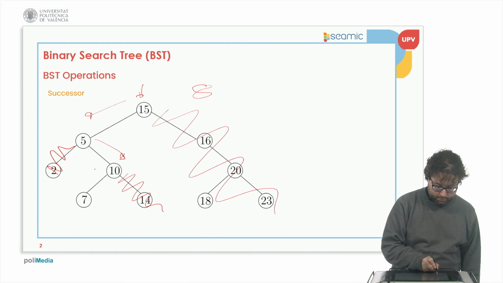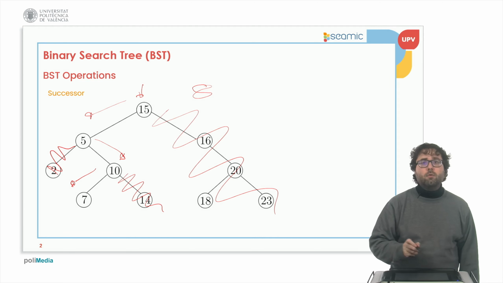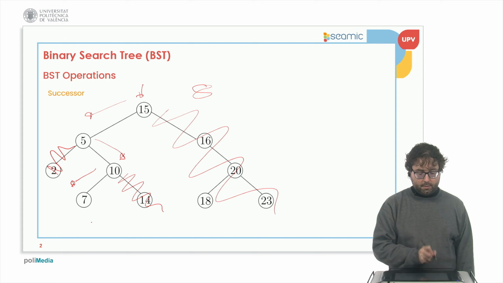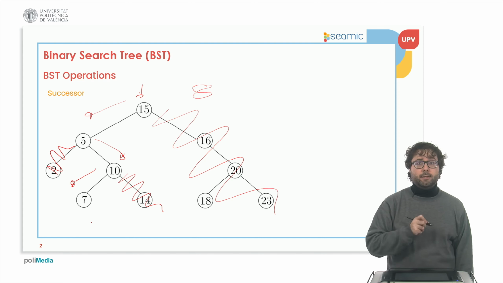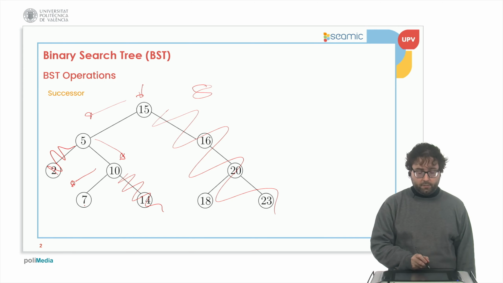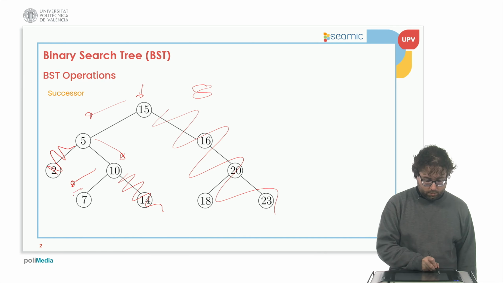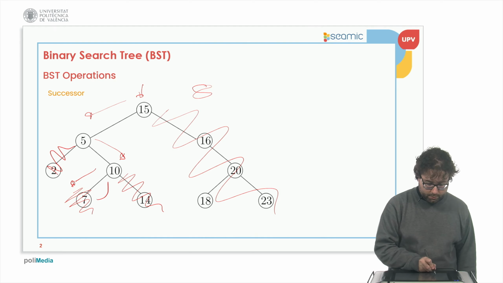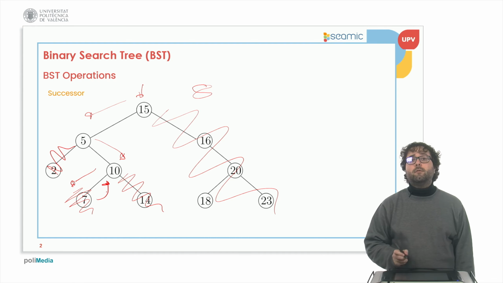So now we go back down from the left, and since we found that the next number is smaller than 8, this is not the number we're looking for, so we completely cut this down, and therefore the number we were looking for was 10.